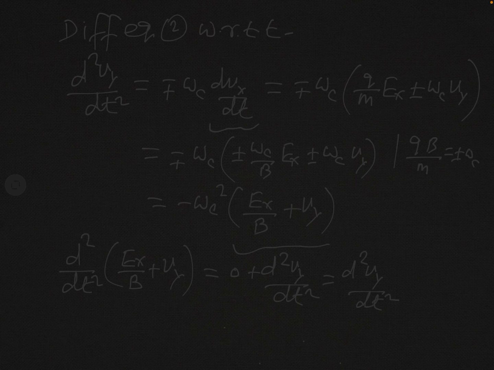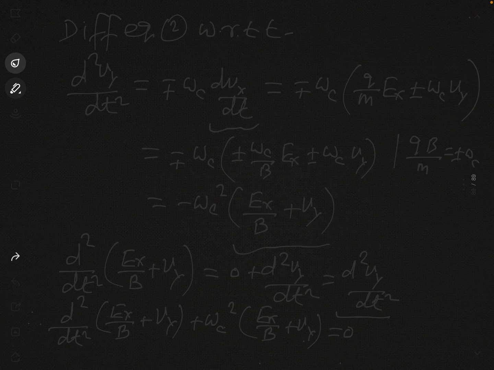So in fact, in place of d2 Vy by dt square, we can write d2 by dt square of Ex over B plus Vy, and therefore the above equation may be written in this manner. This is d2 by dt square of Ex over B plus Vy, plus omega c square into Ex over B plus Vy, and this is equal to 0.